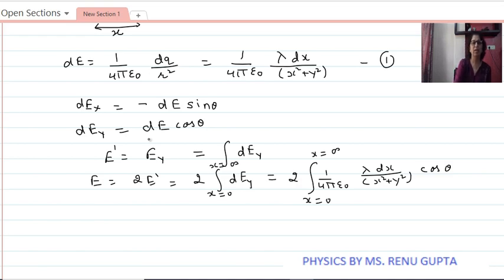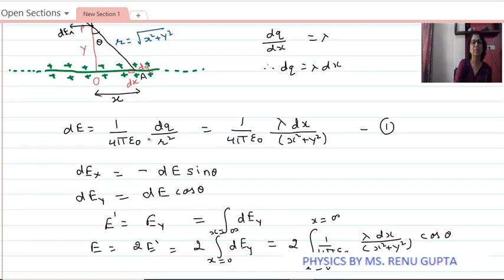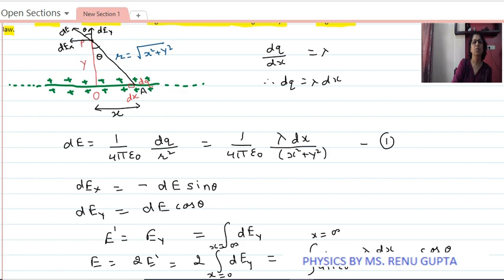Now from the diagram again we can say that, in triangle POA, tan theta is equal to x upon y, or x equals y tan theta.